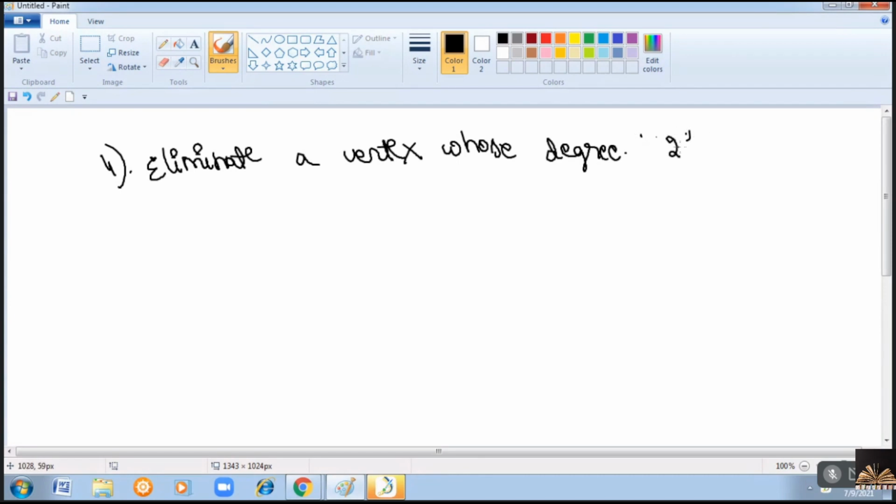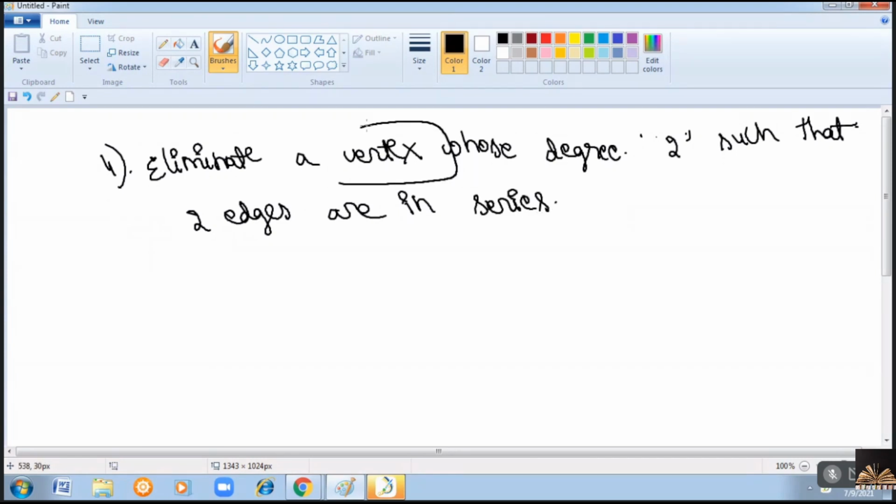You eliminate a vertex whose degree is 2 such that, what does degree 2 mean? It is incident with 2 edges, right? Such that the 2 edges are in series. You have to eliminate a vertex whose degree is 2 such that the 2 edges are in series.